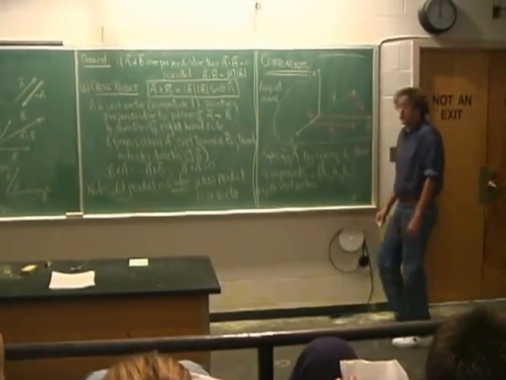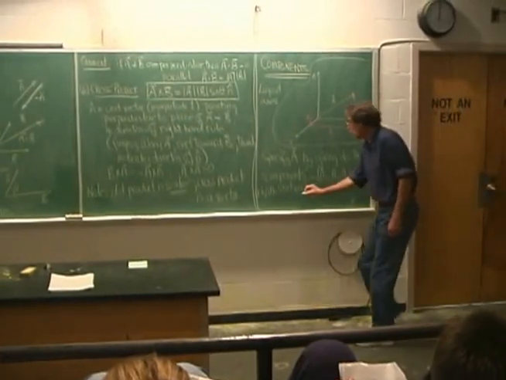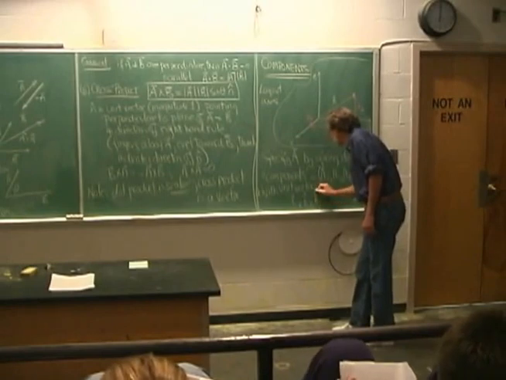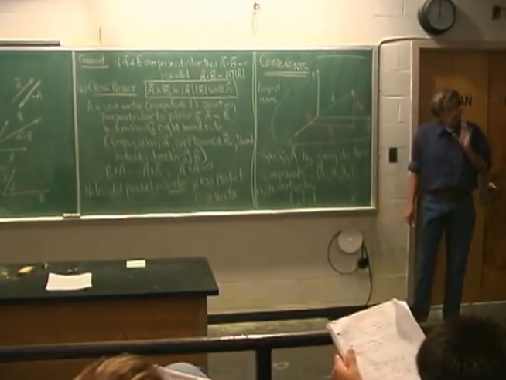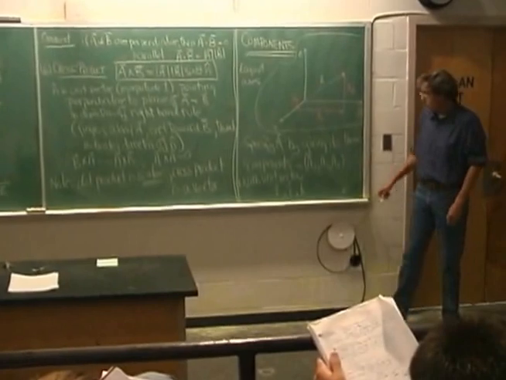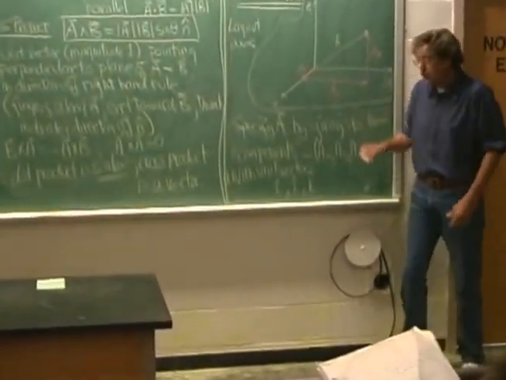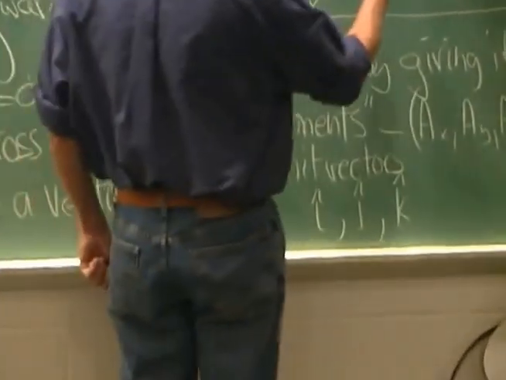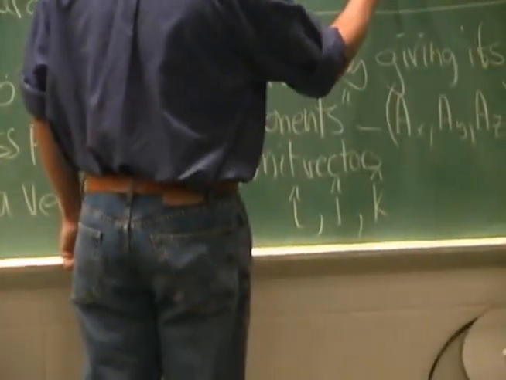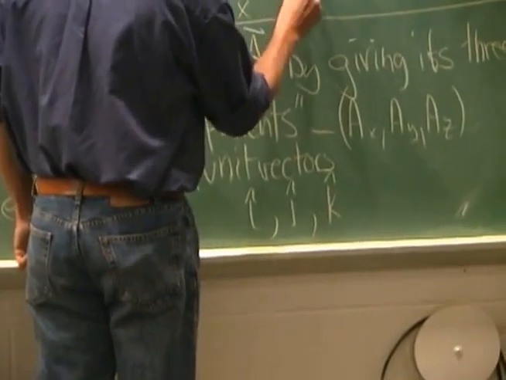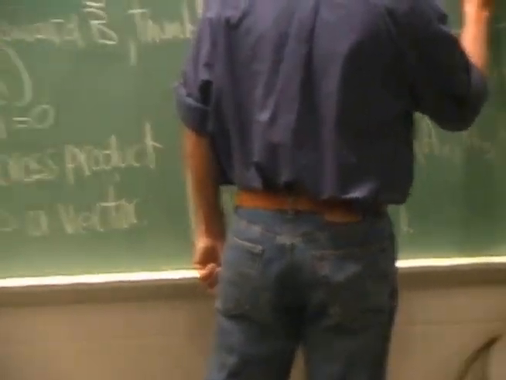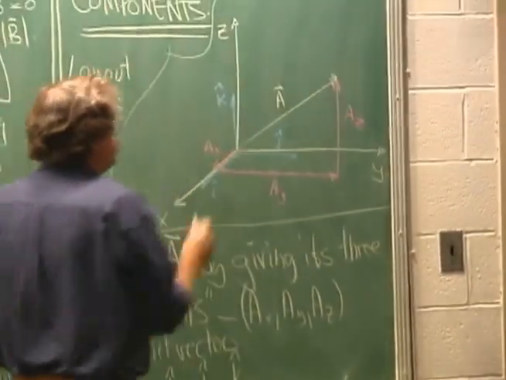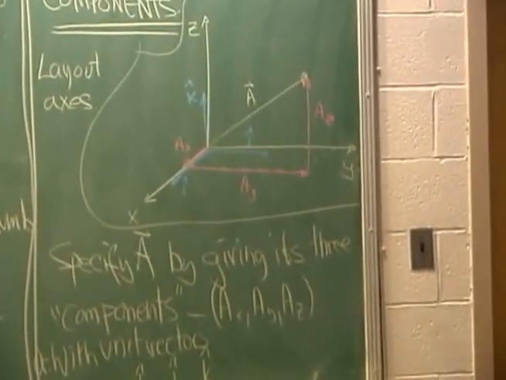Unit vectors, which for some reason, don't ask me why, are called i hat, j hat, and k hat. Those are unit vectors, meaning, remember, length 1, pointing in the direction of the x-axis, the y-axis, and the z-axis. So, can I put it on this same diagram? Here's i hat, here's j hat, and here's k hat. Unit vectors pointing in those three directions.